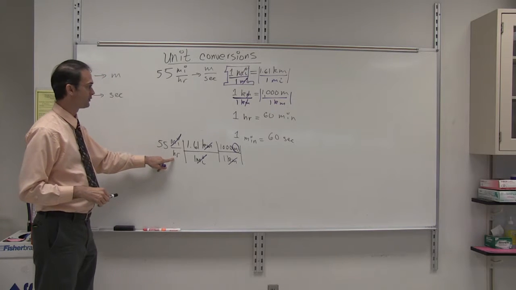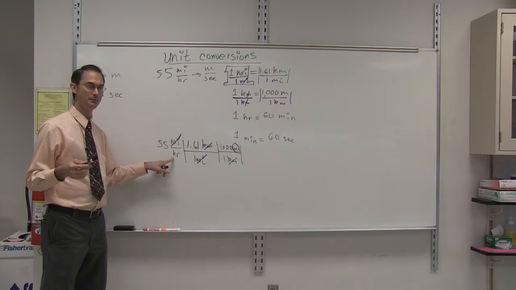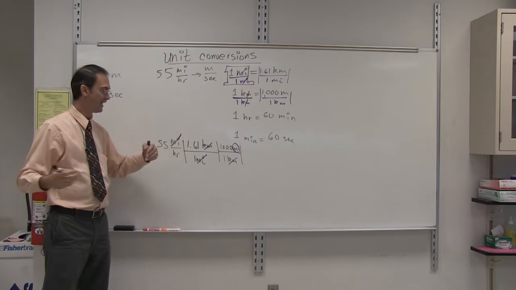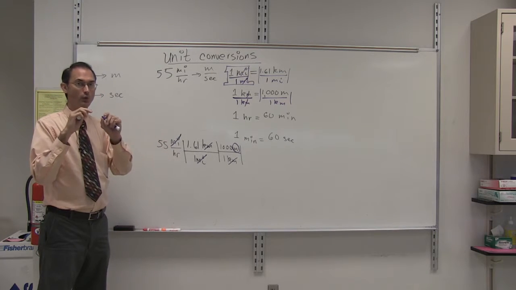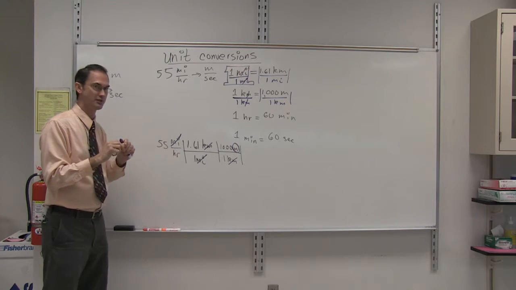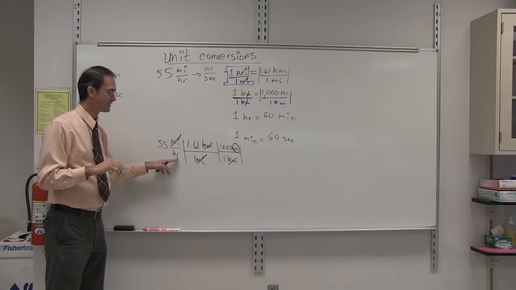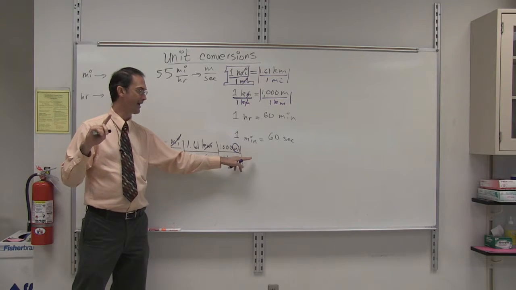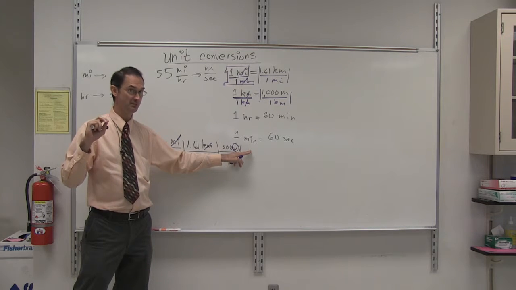Now for the denominator, we have hours. And things are going to be a little bit different here. Commonly when people go through unit conversions, they say, well, I just have to multiply by 60, or I just have to divide by 60. Sometimes that works. But if one carefully goes through these conversions, it takes out the guesswork. Clearly, if we have hours downstairs, think, do we want hours to be downstairs, or do we want hours to be upstairs in our unit conversion? We want hours to be upstairs.